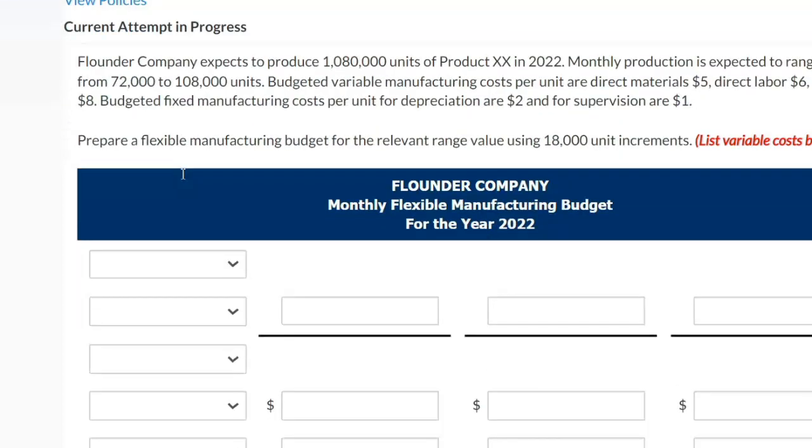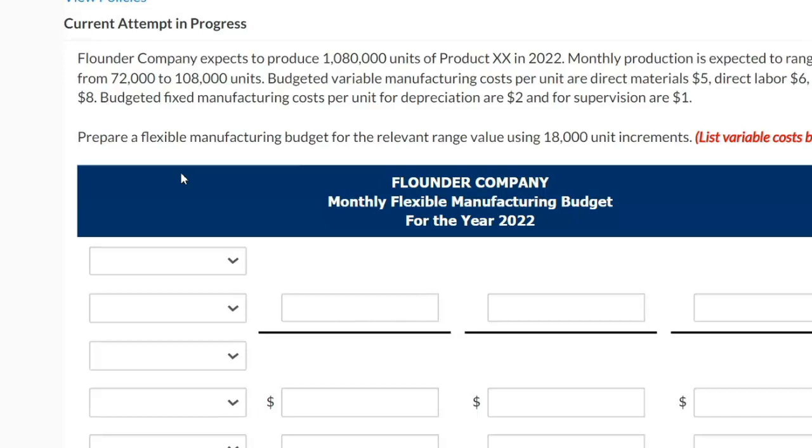The company expects to produce 1,080,000 units of product XX in 2022. Monthly production is expected to range from 72,000 to 108,000 units. Budgeted variable manufacturing cost per unit: direct materials $5, direct labor $6, and overhead $8.